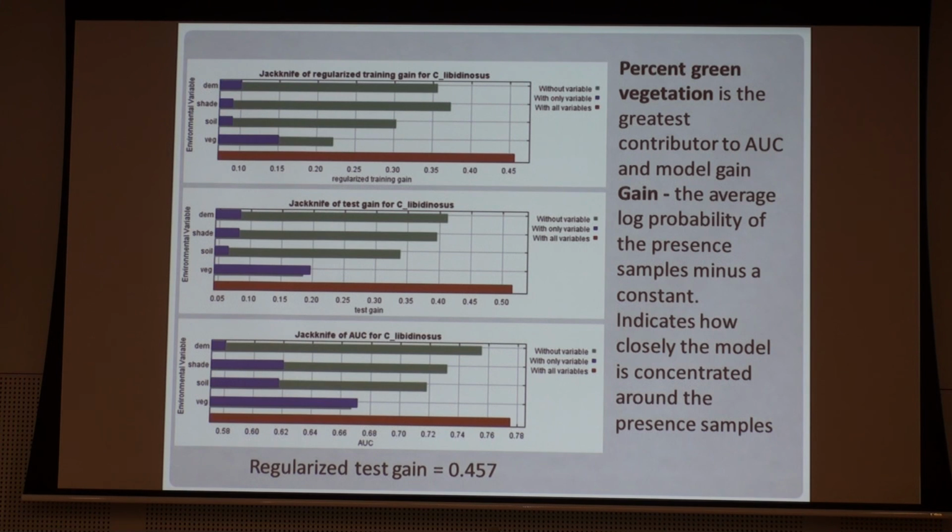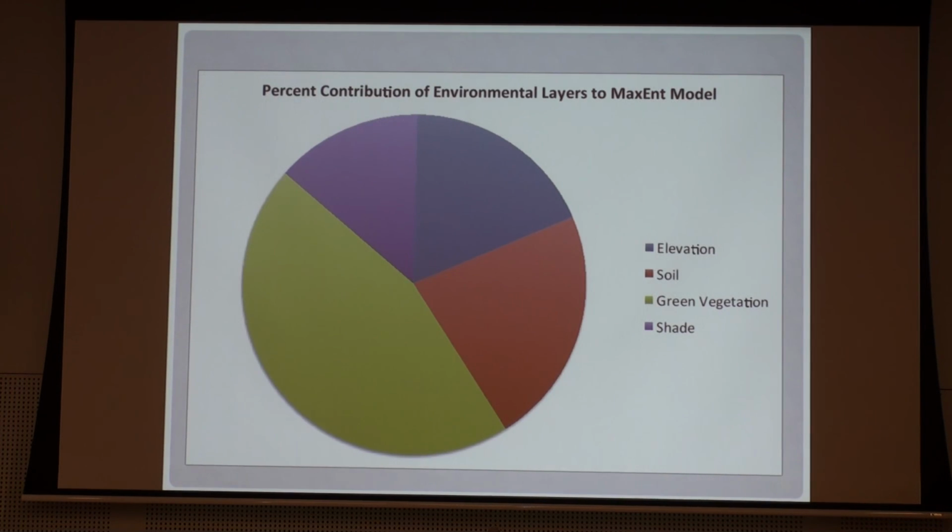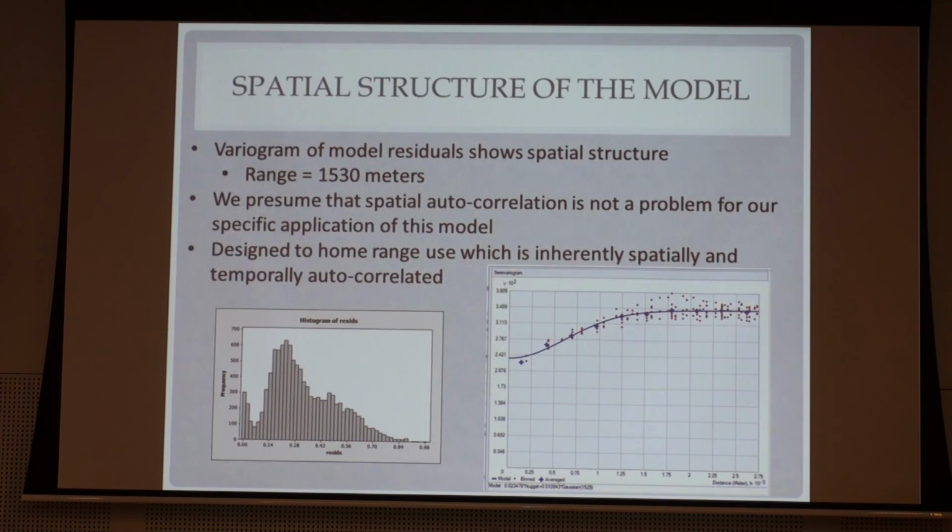And then at the bottom, that's area under the curve, so it's another measure of our model fit. What we see is that green vegetation is contributing the greatest amount to our model fit, with soil, and then elevation, and then shade following.